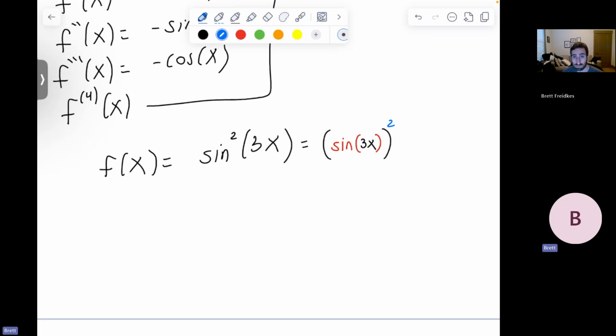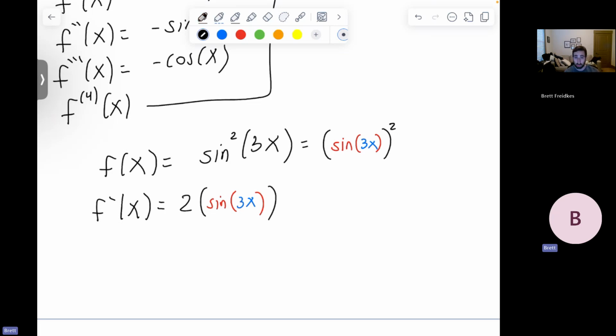So just like before, we'll bring the 2 down, and the inside will stay the same. Let me change my colors a bit so I can be clearer. Leave the black there. That's better. The inside is going to be exactly the same, like that.